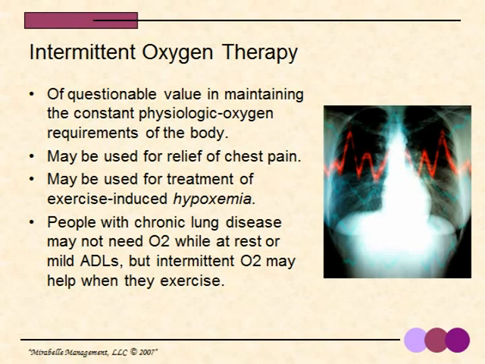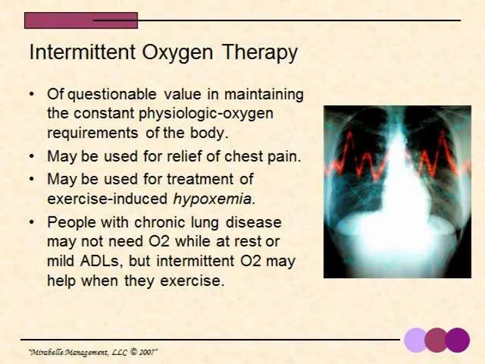Intermittent use of oxygen is often of questionable value. Random doses of oxygen do not maintain the constant physiologic oxygen requirement of the body. Intermittent oxygen therapy may, however, be used for the relief of chest pain or other cardiopulmonary symptoms. It may also be used for the treatment of exercise-induced hypoxemia.